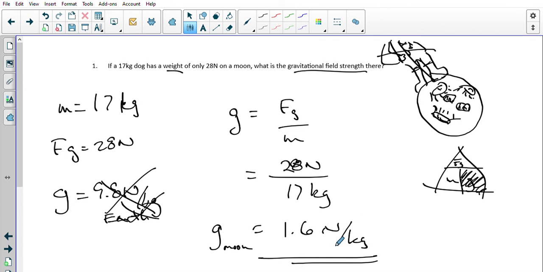So the questions we've been doing so far have been asking for the force of gravity given a certain mass, or a mass given a certain force of gravity. This last question is asking for the gravitational field strength given a mass and a weight or a force of gravity. We have an equation that has three variables, or two variables and one constant.